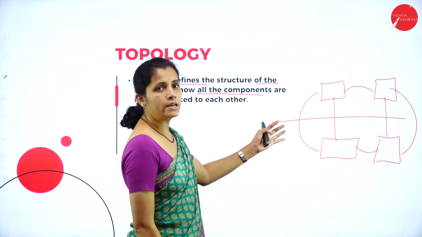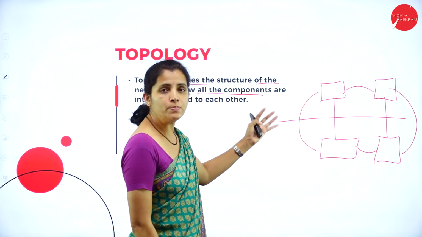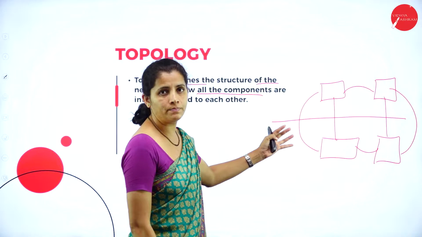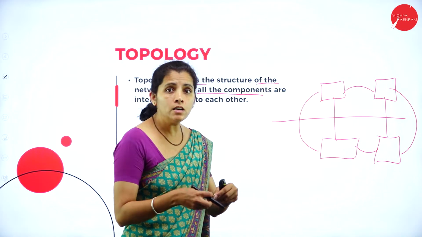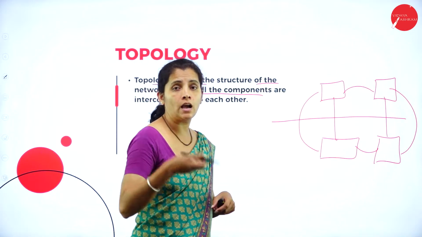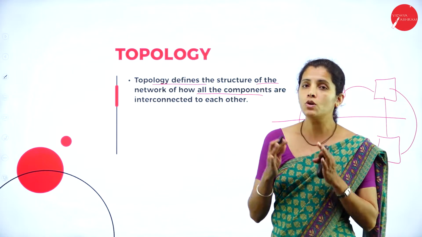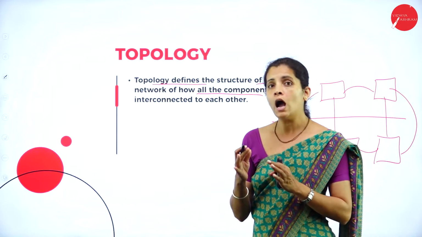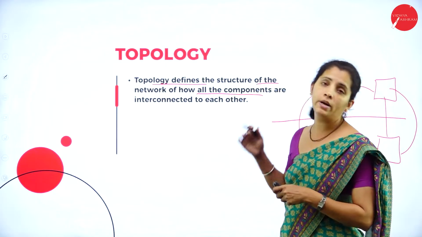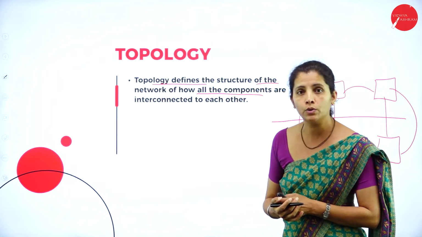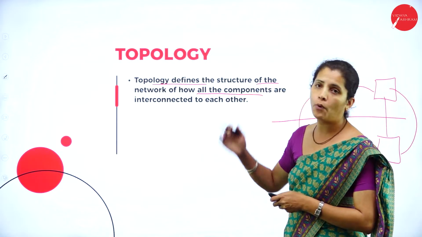So it is just an arrangement of computer systems, for example in a room or in a building. The structure of computers, as well as how the components are interrelated, is known as topology.